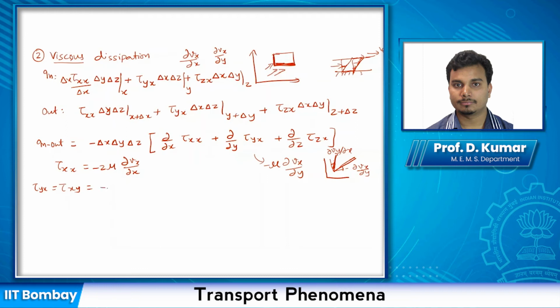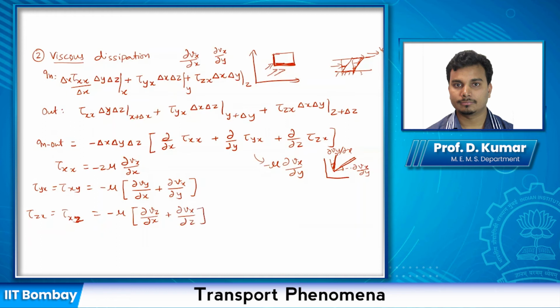So that gives minus mu, and now you have to take both terms into consideration: dou vy by dou x plus dou vx by dou y. Similarly tau zx is minus mu times dou vz by dou x plus dou vx by dou z.